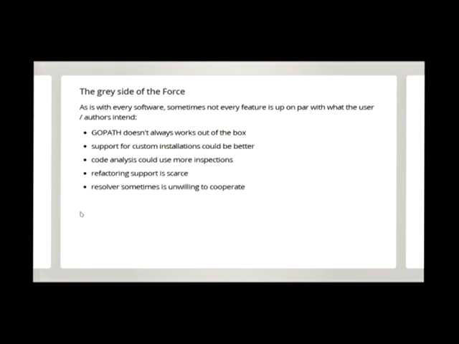Custom installations could be a bit better, but sometimes maintainers have their own views about how to package Go into various operating systems. We plan to add more code inspection, so for example, detecting automatically when you pass int64 into an int32 function and so on, which I think we already do have. Refactoring improvements.